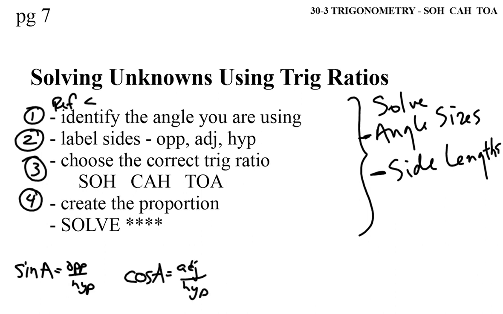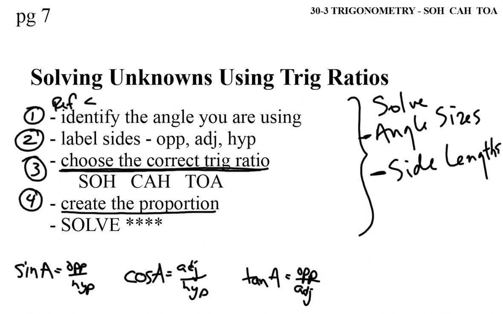There's the trig ratio that we're going to have to plug into. Or tangent of A is opposite over adjacent. There's the trig ratio we're going to have to plug into. That's what this is talking about. Once we choose the correct trig ratio, we're going to create the proportion because we know the ratios.